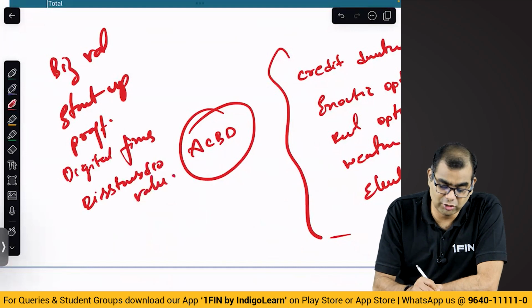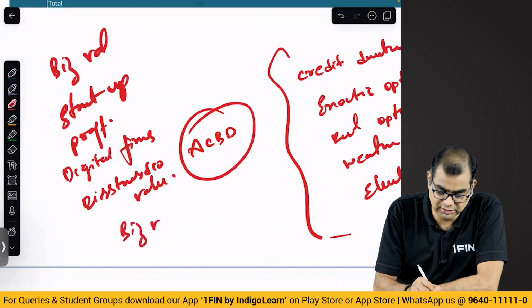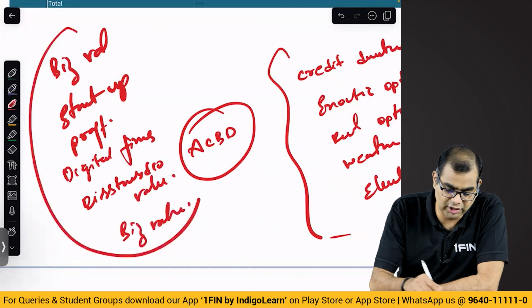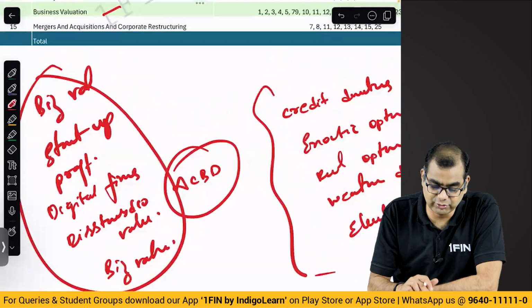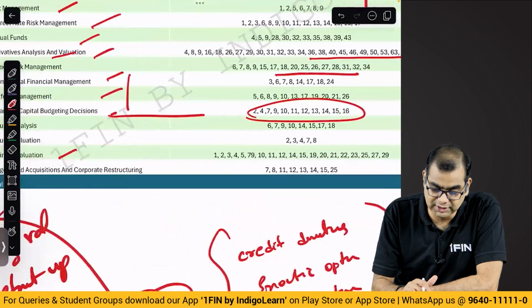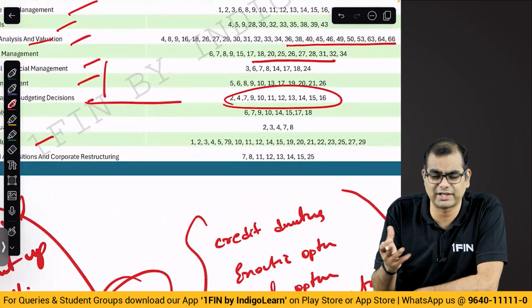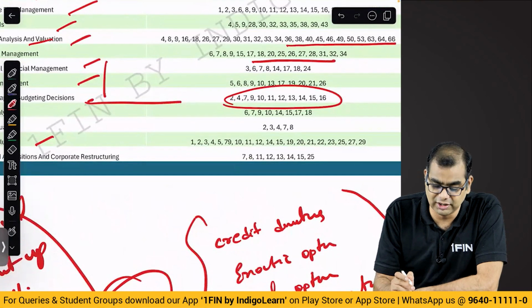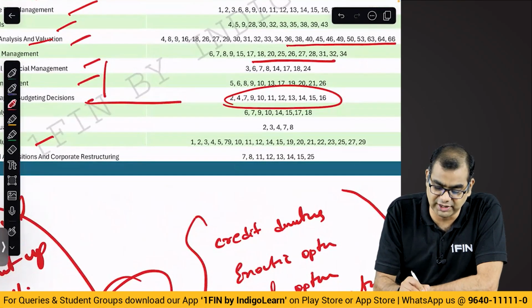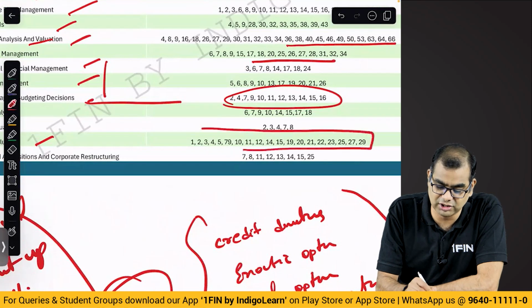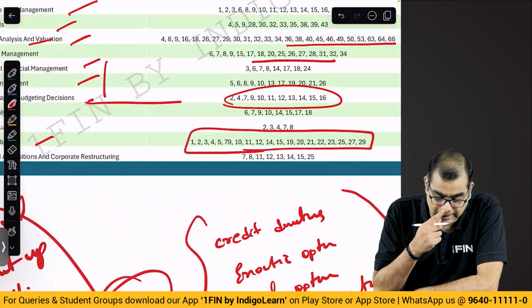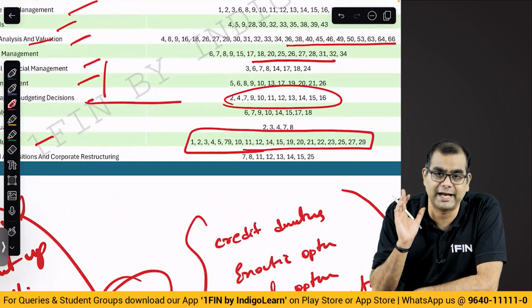Then there is something about the registered valuer. These are fairly important topics in this chapter. I have added questions on those. Those are new. Registered valuer, I think, had a slight reference in the old syllabus, but even if it is not there, it is very important as far as this chapter is concerned. So please focus on this chapter also, business valuation, where new topics and new questions have been added.